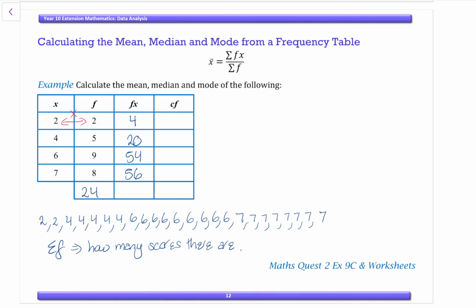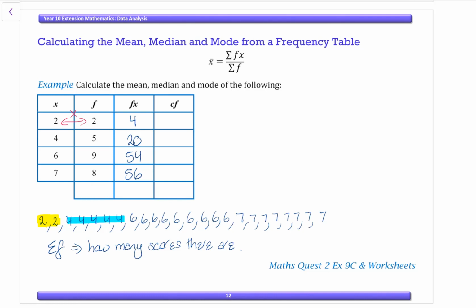If I look at the 2s, they add to 4, so that's why we're doing 2 lots of 2. If I look at my 4s, I have 1, 2, 3, 4, 5 of them, so 5 times 4 is what that adds to. So by adding up this column, I'm getting the sum of my scores.